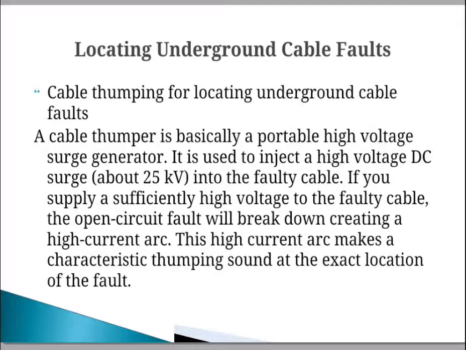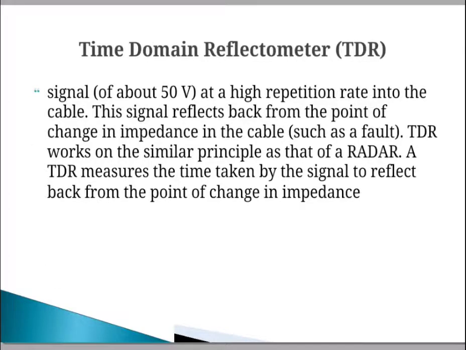The main advantage of this method is that it locates the open circuit fault very accurately. Next method is time domain reflectometer. The time domain reflectometer sends a short duration, low energy signal at high repetition rate into the cable.